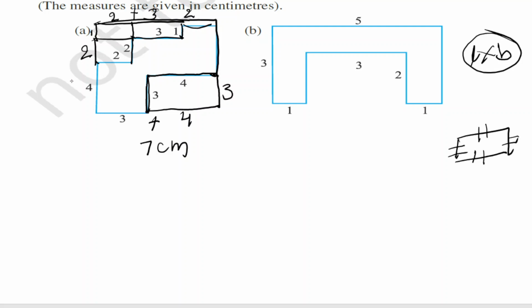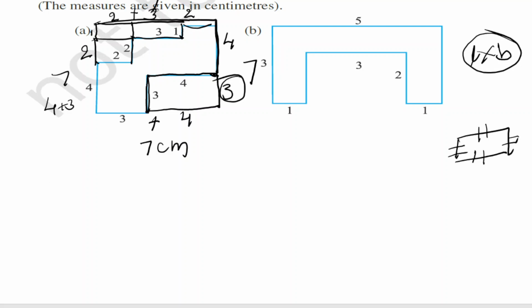So here and here also it is 4 plus 3, that is equal to 7 centimeters. Here it is given as 3 centimeters and the remaining length is 4 centimeters. So this rectangle forms the square which is having 7 centimeters as its side.